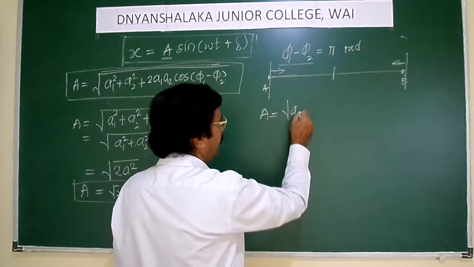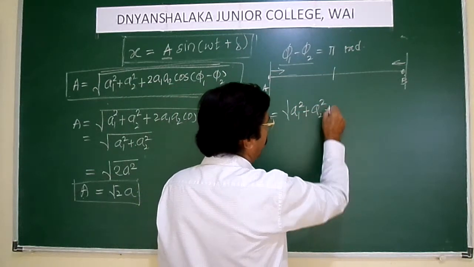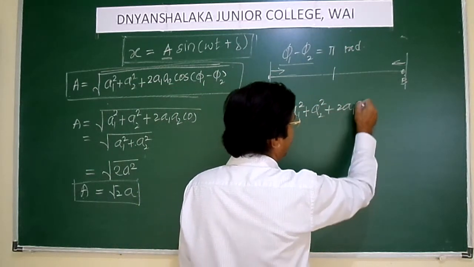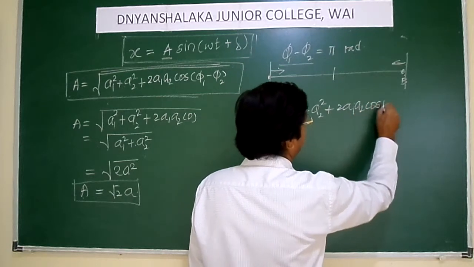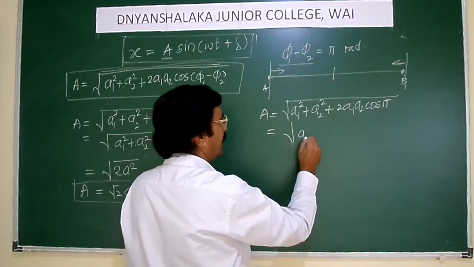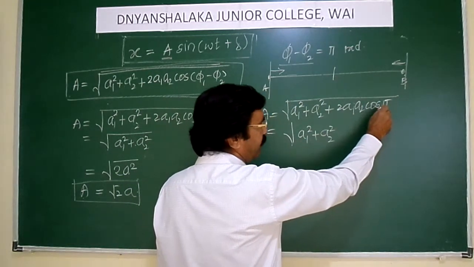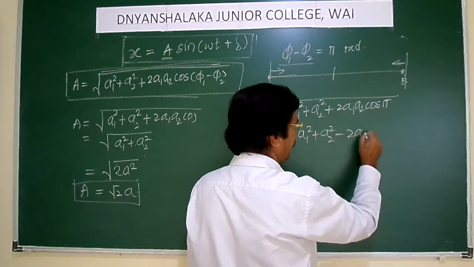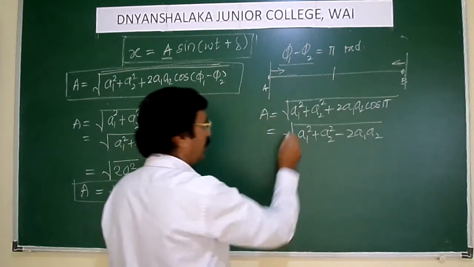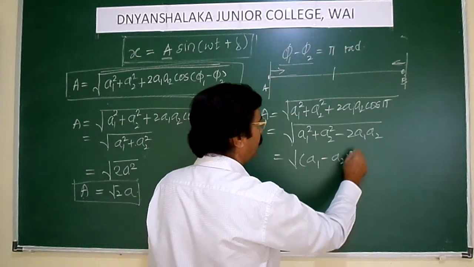There the amplitude becomes under root a1 square plus a2 square plus twice a1 a2 cos of pi. So this will be a1 square plus a2 square, cos of pi is minus 1, so minus twice a1 a2, and so this can be written as a1 minus a2 the whole square.